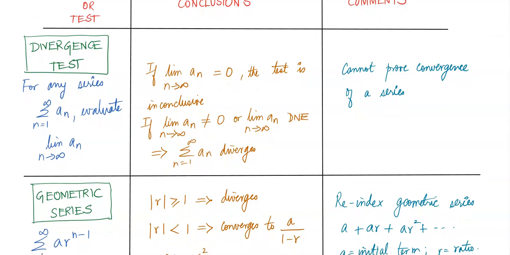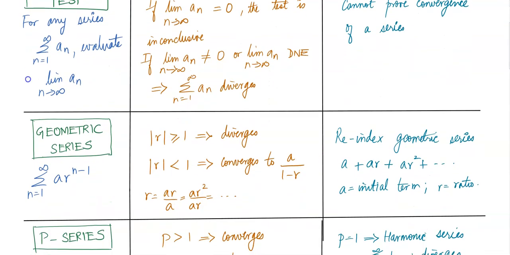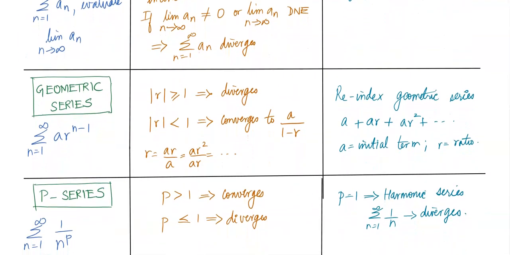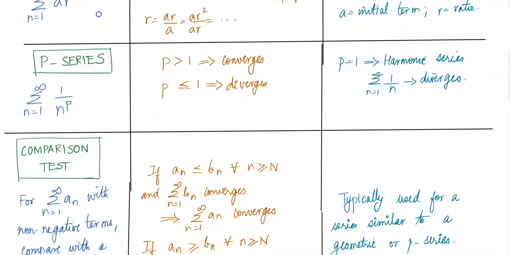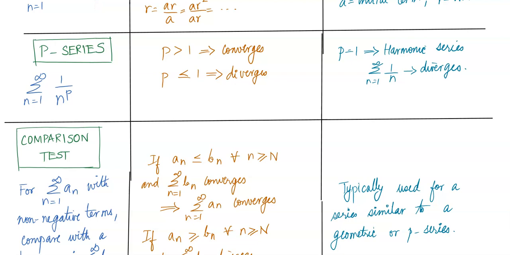We have the divergence test. Then we have the geometric series. If you feel I'm moving too fast, you can always pause the video and read it. Well, geometric series has the rules based on R. We have the P series.